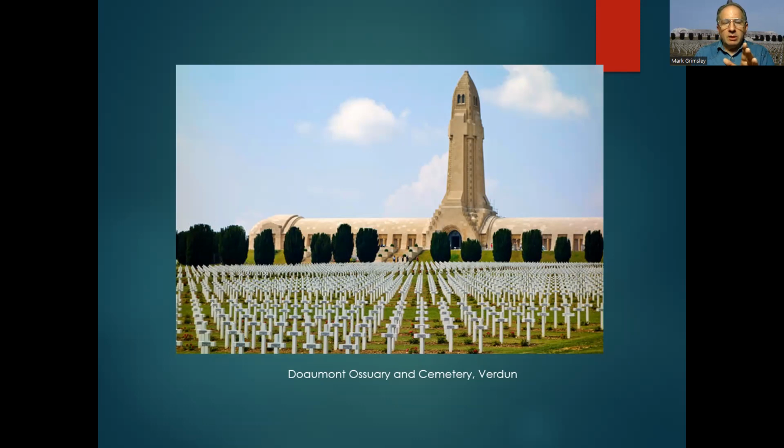And even today, the word Verdun is spoken by the French with reverence and national pride. What this battle of Verdun involved was the death of 163,000 French soldiers and the wounding of 216,000 French soldiers.